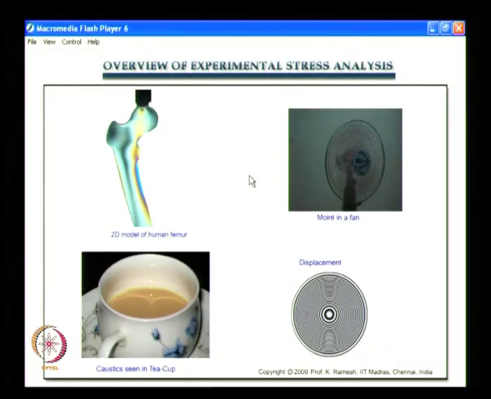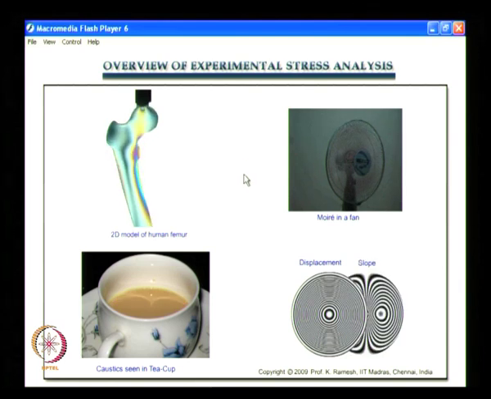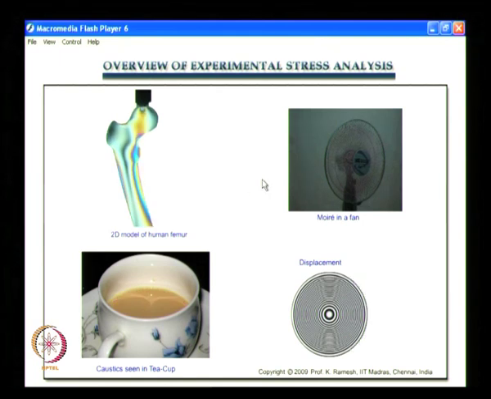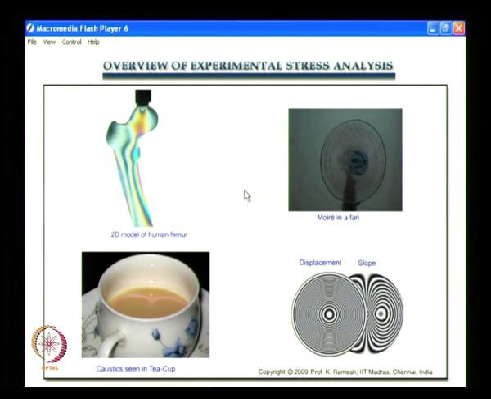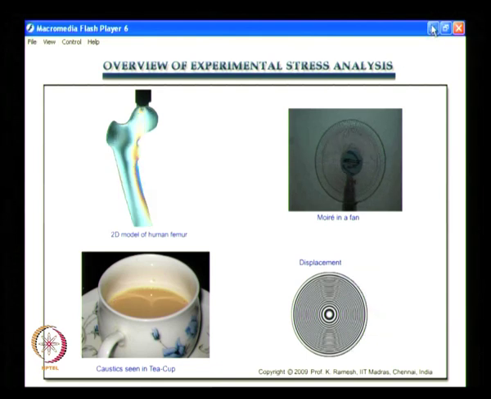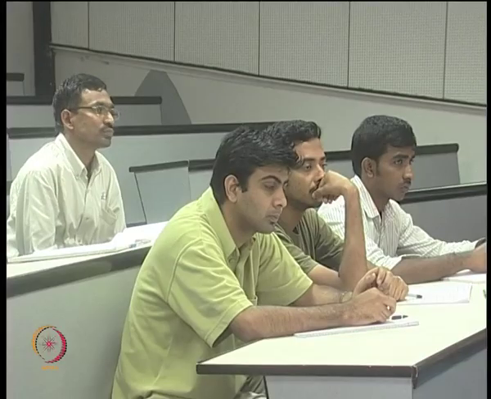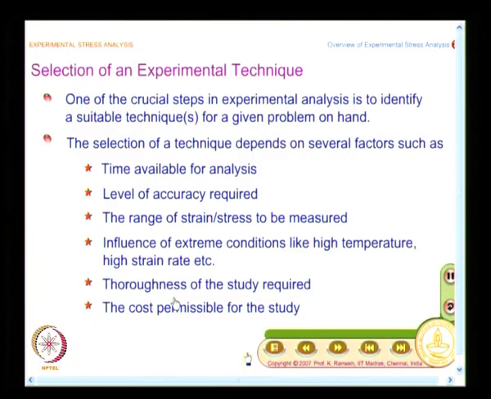You have watered silk that was named as moire, and the same phenomenon when seen in two gratings is also given the same name. And we have been discussing selection of an appropriate experimental technique, and what we will do is go back and review what we have seen till now.